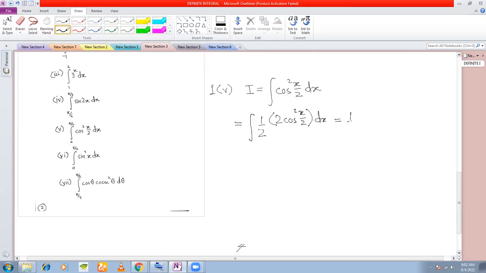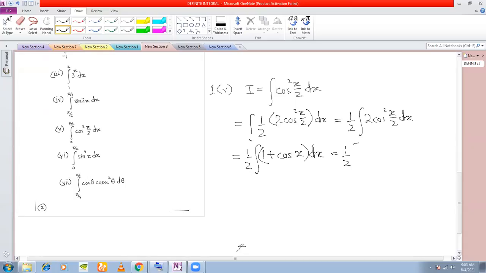Now you can take half out of the integral to get 2 cos square x by 2 dx, which is equal to half. Now from the multiple angle formula, you know 2 cos square a is 1 plus cos 2a. So 1 plus cos x simply, which is equal to half.